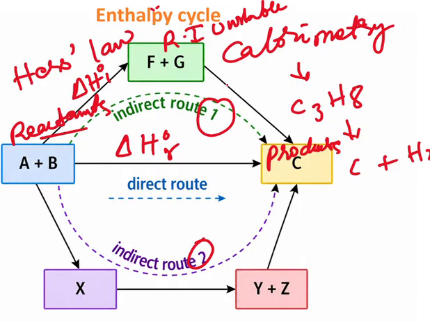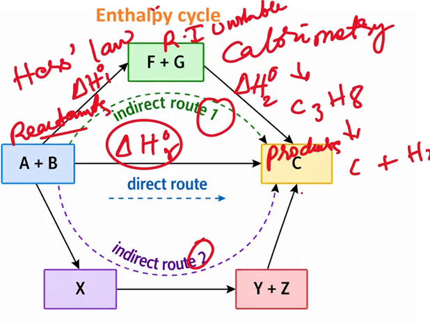When F plus G combine to form product C, the energy change is delta H2 naught. So the enthalpy change of the reaction equals delta H1 naught plus delta H2 naught, the total enthalpy change of the reaction.